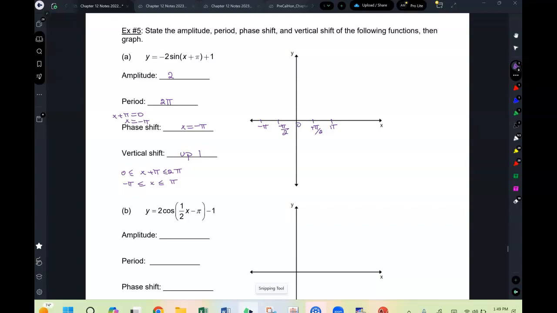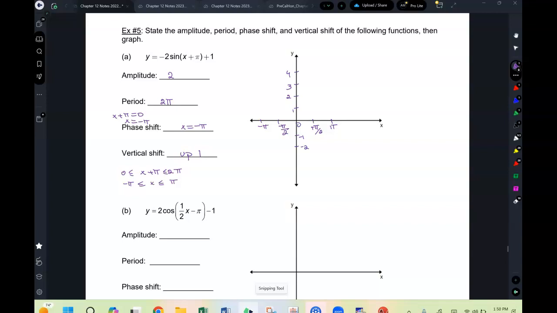Now, let's label the y-axis as well. We got a 1, 2, 3. I'm going to go up to 4, negative 1, negative 2. If you really want to draw this to scale, how many radians is pi? It's 3.14, right?